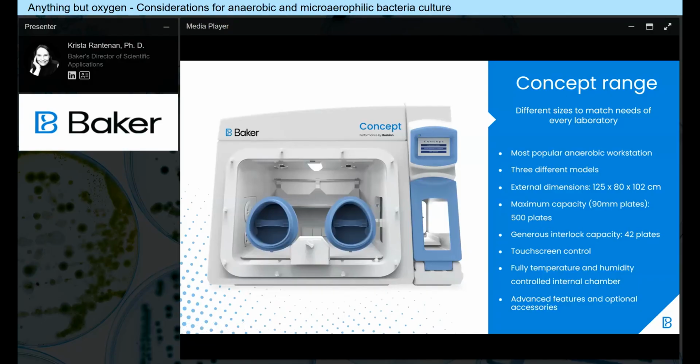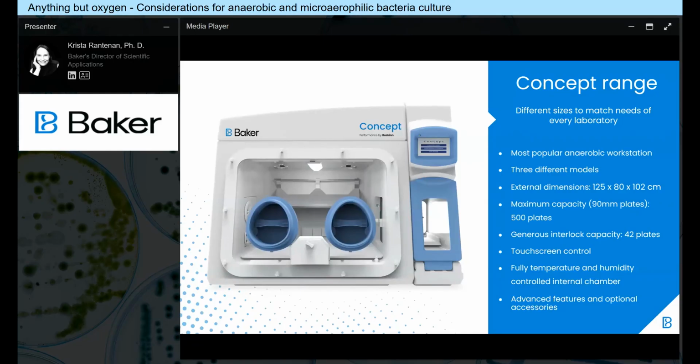Of course, oftentimes you don't have this many plates, but you want to put maybe a small shaker or a cell counter or a small centrifuge or other small equipment inside. Then the Concept workstation is a good fit for you.